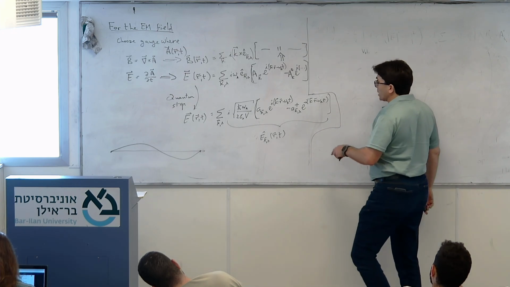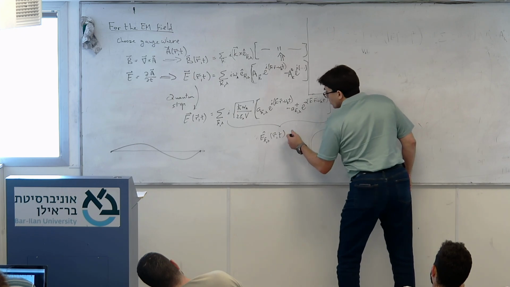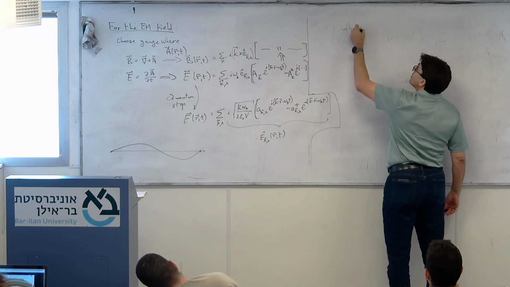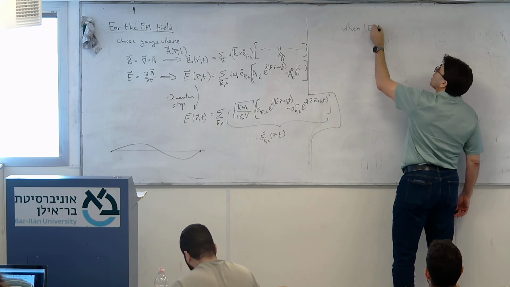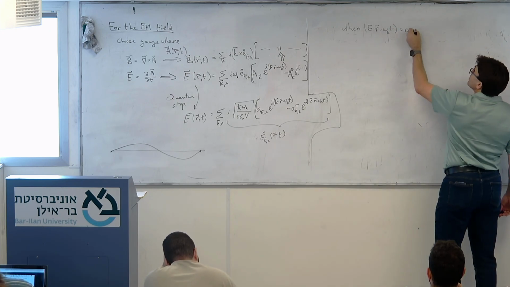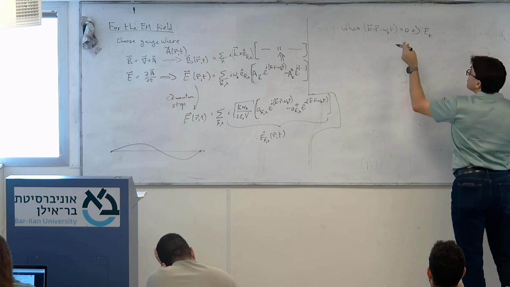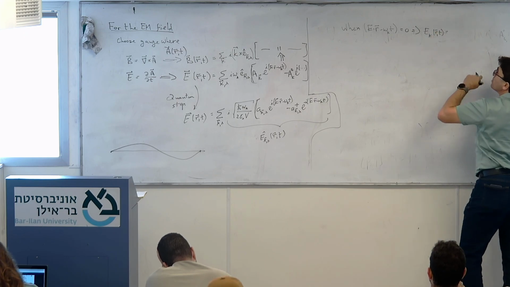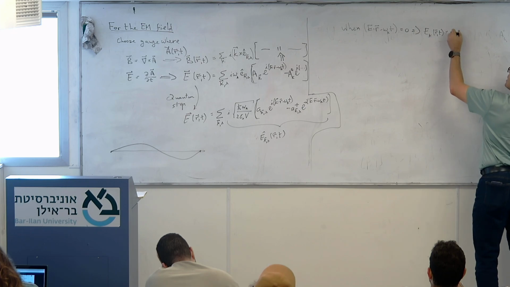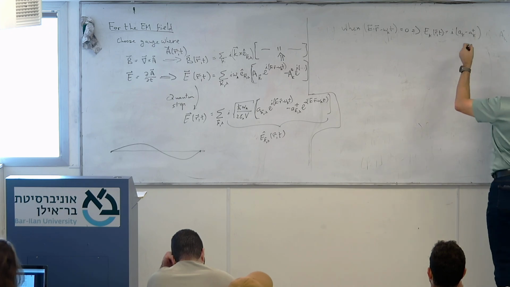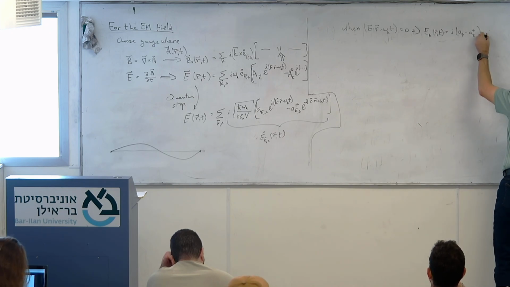So this can be like when k dot r minus omega k t equals 0, then E k at that time is simply i a k minus a k dagger, which is like P, momentum.